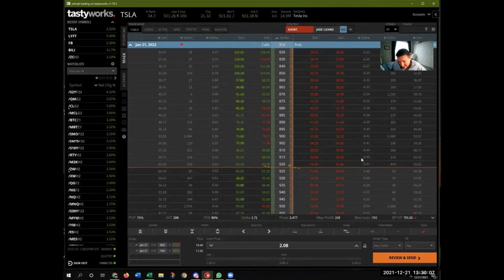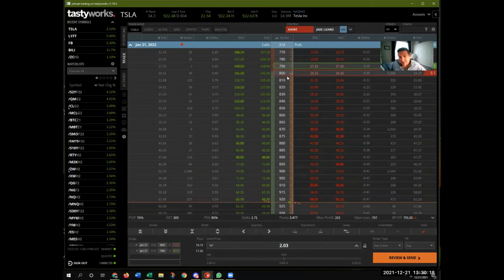Delta is a key piece here. Delta gives me essentially the implied volatility chance that an 800 strike would be breached between now, real time, and January 21st. Right now there's a 19% chance that Tesla will be under 800.